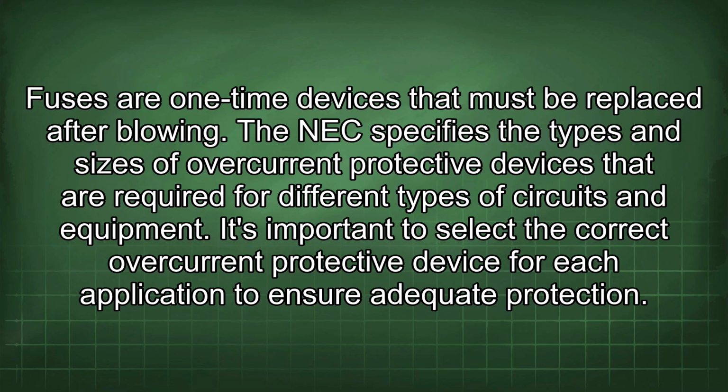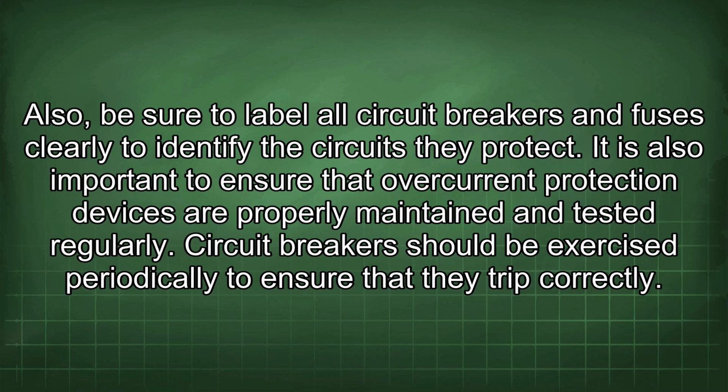The NEC specifies the types and sizes of overcurrent protective devices that are required for different types of circuits and equipment. It's important to select the correct overcurrent protective device for each application to ensure adequate protection. Also, be sure to label all circuit breakers and fuses clearly to identify the circuits they protect.